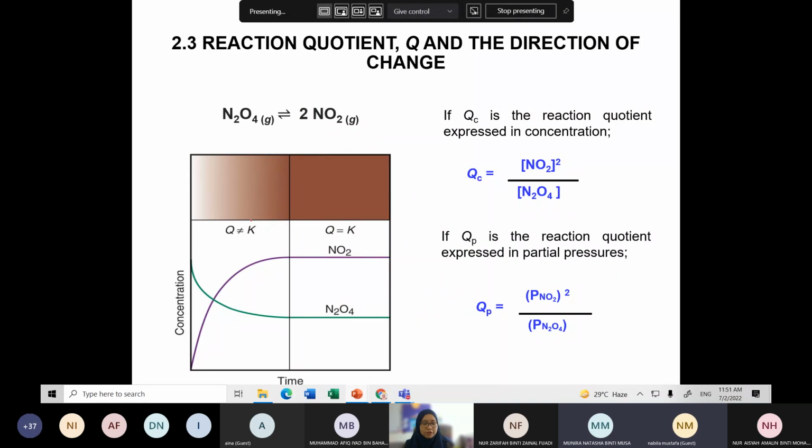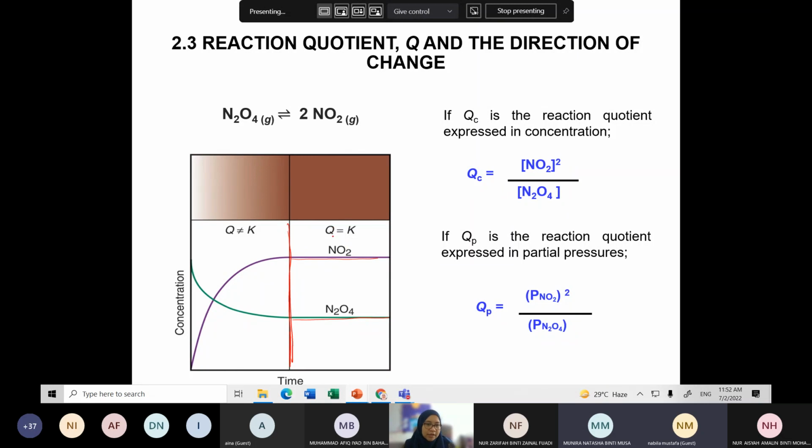Alright, so if we were to use a graph, remember ni concentration versus time. So kat kawasan, once the equilibrium has been established, based on dia punya graph dah stagnant ni kan. So we could say that this is already at equilibrium. Kalau dia tak beritahu that concentration tu at equilibrium ke tak kan.